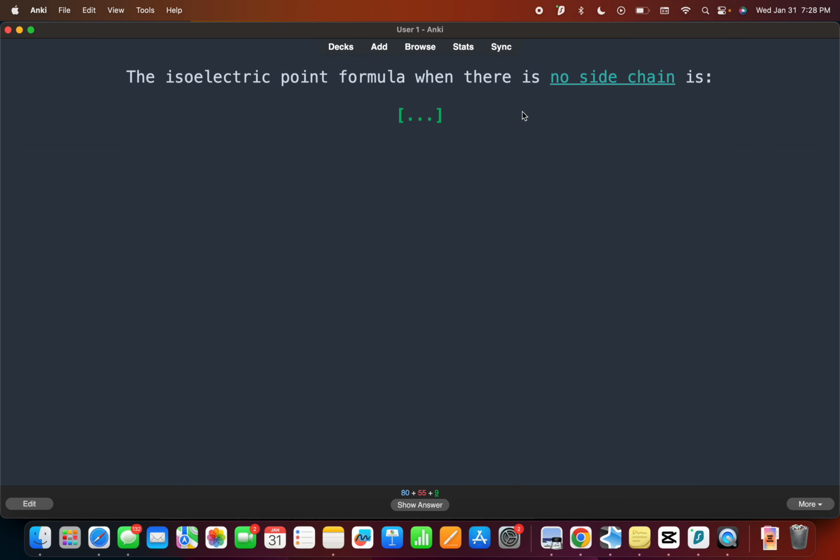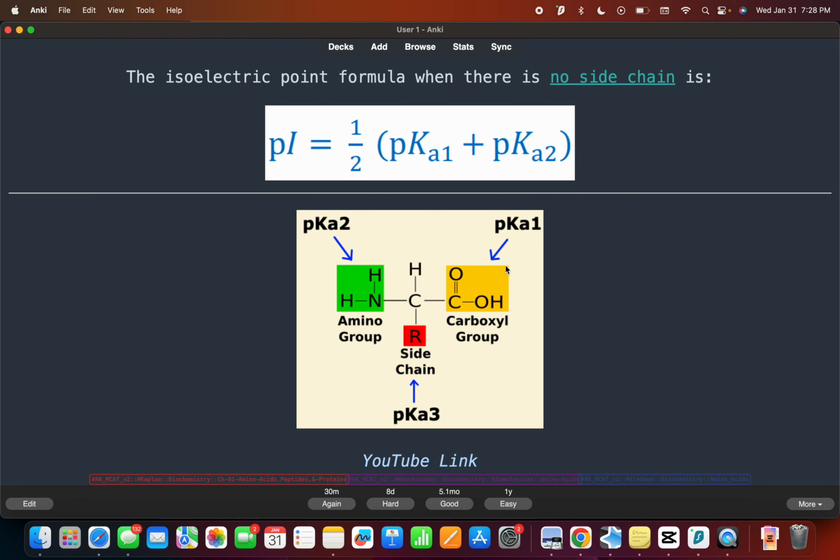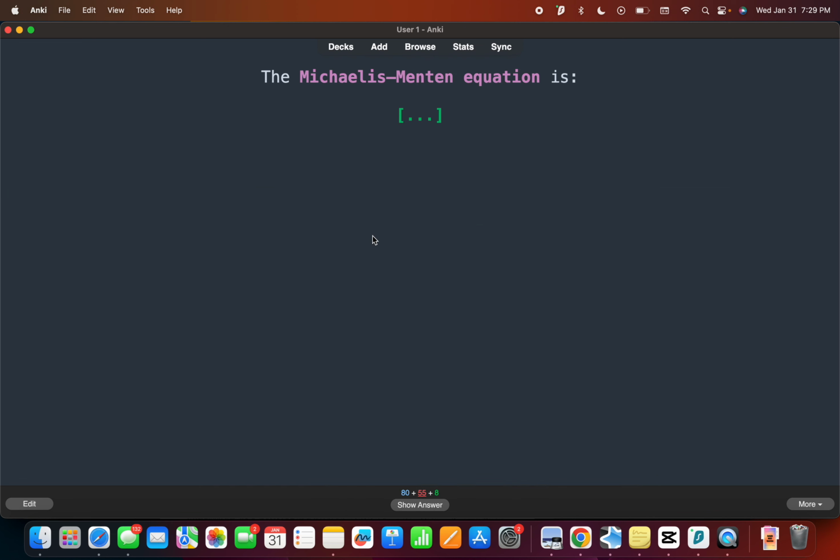The isoelectric point when there is no side chain is pK1 plus pK2 divided by 2, when there's no side chain and it's H. The Michaelis-Menten equation is V equals Vmax times S over Km plus S.